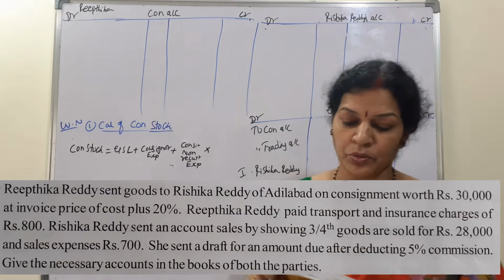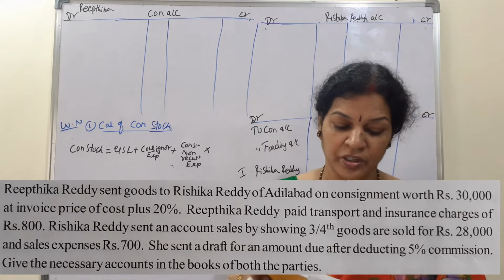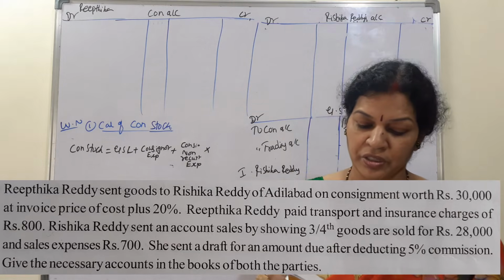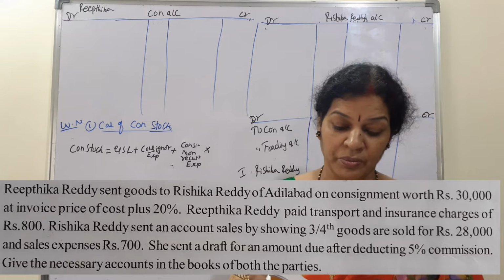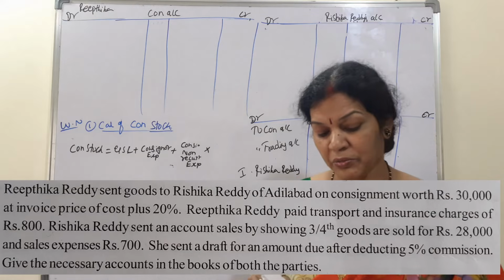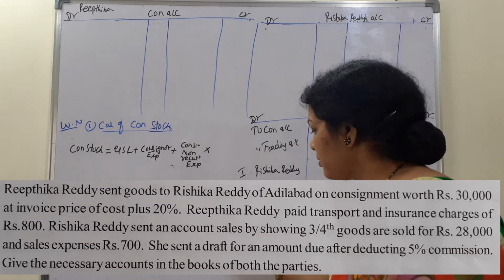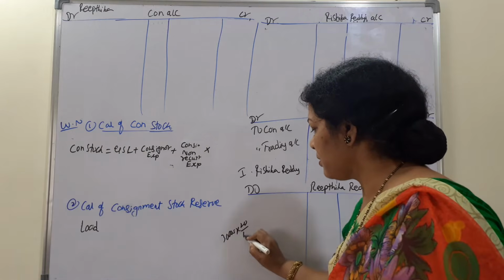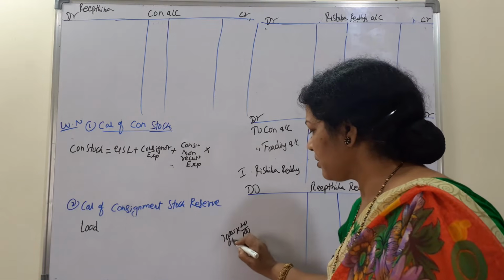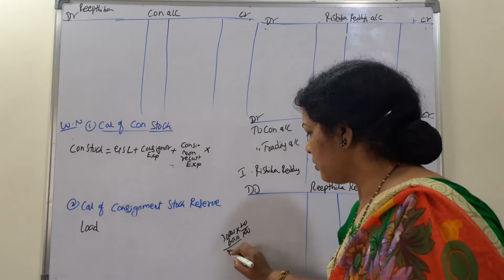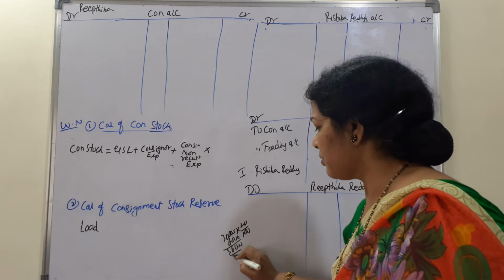First, goods sent on consignment. Rectification sent goods to Rishika of Adilabad on consignment worth 30,000, invoice price 20%. It's 30,000, invoice price 20%, which means 6,000. The total invoice price is 36,000.